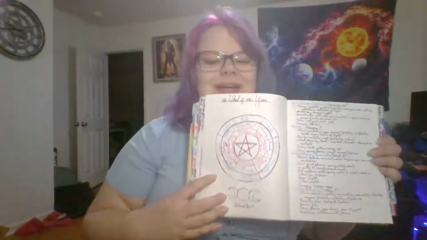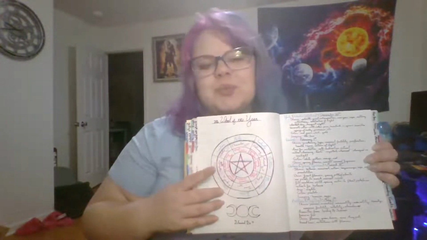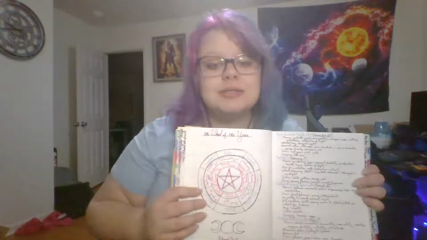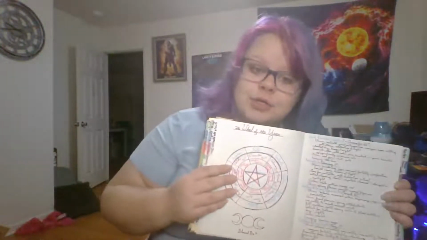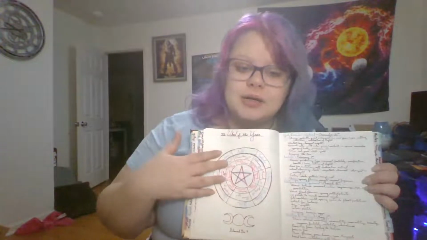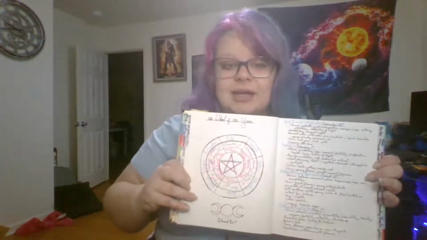Like this, I should have just printed this. This would have looked way better. But it's unique to my Book of Shadows. This is my Wheel of the Year with a little triple moon goddess thing down here. It's my own, and it's not the best, but it's unique, and it wouldn't look like this if it was on lined paper.